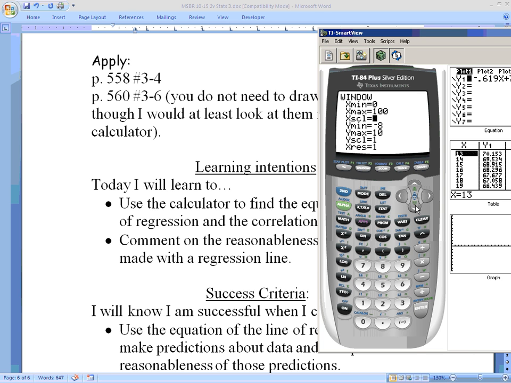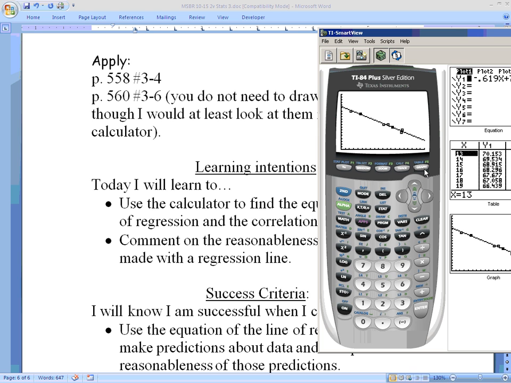I know they didn't get quite that high. And then I'll go to a scale of 5 for my x, and then for my y, I'll go from 0 to 100 again, because that seemed like the highest possible score, even though most of ours stopped below that. And then we'll do a scale of 5 for the y, and then graph.